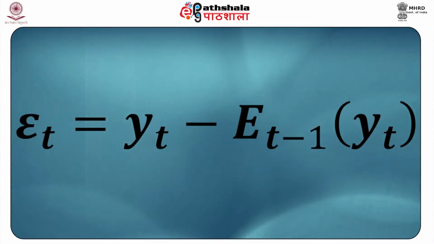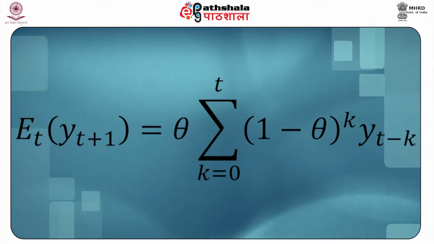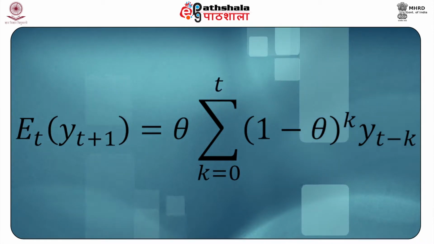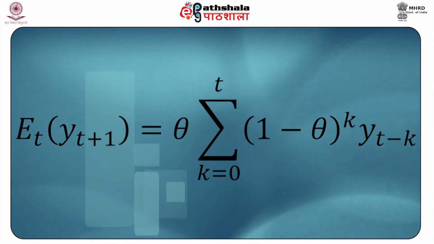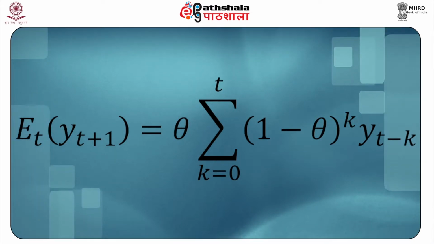The error that is realized in period t is given by epsilon t = yt - Et-1(yt). Thus, agents revise their previous expectations in each period in proportion to the difference between actual observation and what was previously expected.